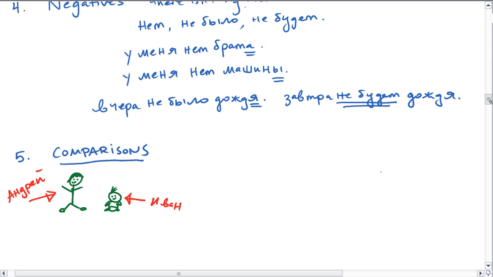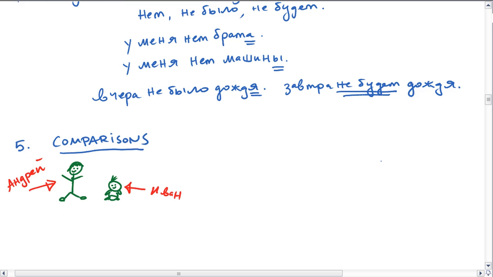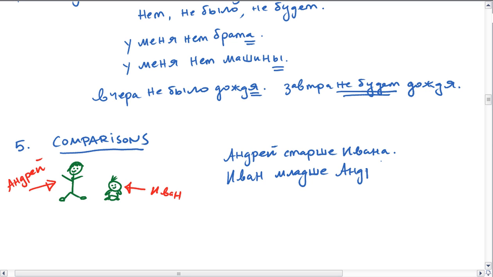If we wanted to compare these two guys, we could say Андрей старше Ивана. So Andre is older than Ivan. Or Иван младше Андрея. So Ivan is younger than Andre.